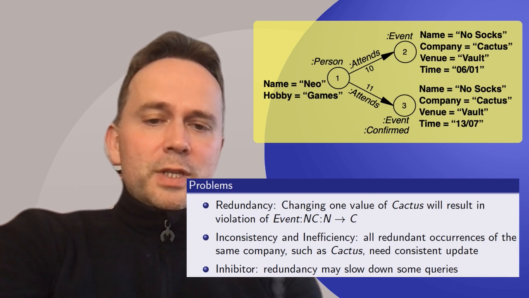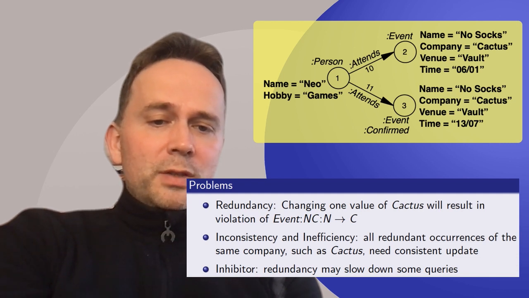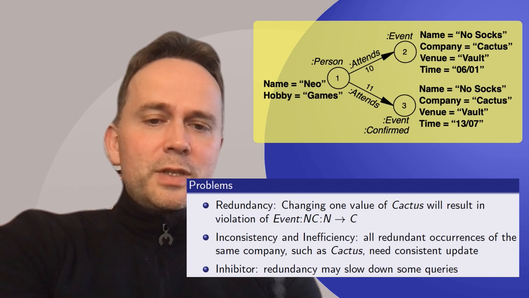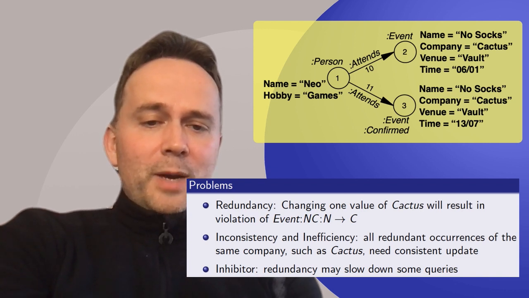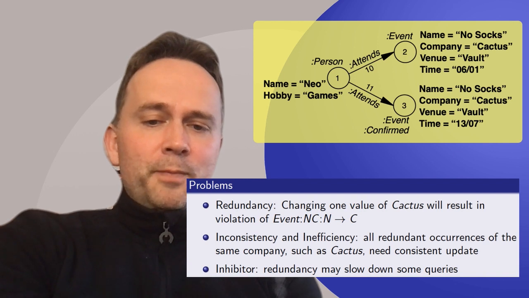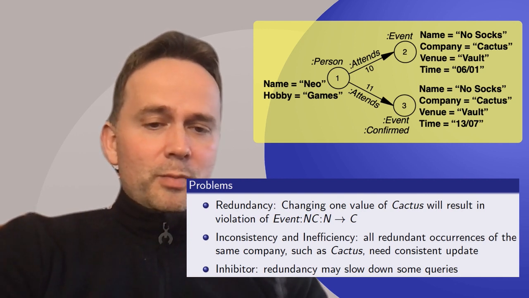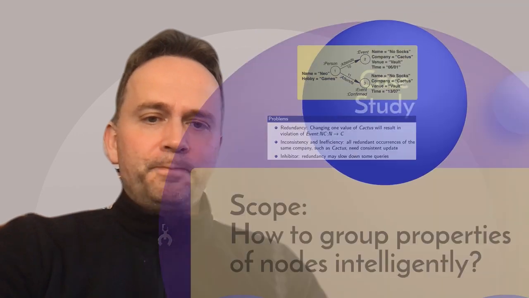That may lead to inconsistency and inefficiency because we might not be able to update all the redundant occurrences, leading to inconsistencies. And if we want to update all of them consistently, then we have to find all of them, so that may lead to inefficiencies of updates. At the same time, having to locate all the redundant data value occurrences in a query will typically slow them down as well because we cannot apply unique constraints.